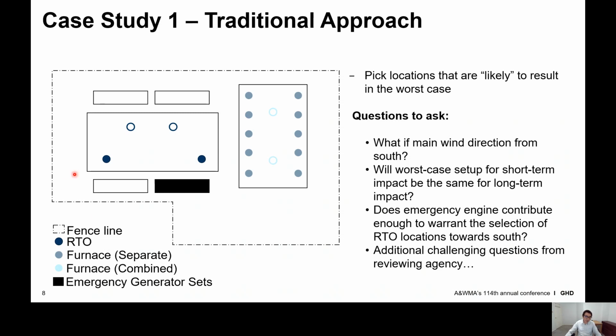We put the 2 RTOs down here, and if we call upward north, we probably put them close to the south end of the boundary, and we put this engine here, and not here, because we want to cluster the engines, the RTOs, and these furnace stacks all together so that they will have a strong synergy to impact offsite concentrations.